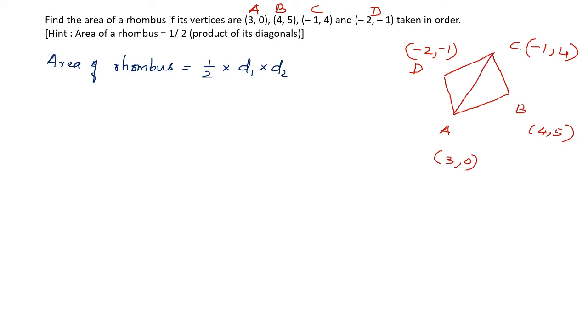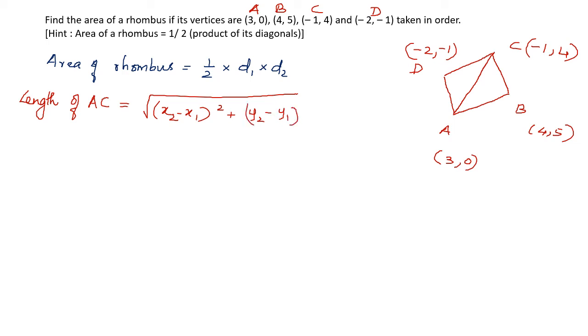AC is one diagonal. So length of AC. How will you find out length of AC? Distance formula. What is the distance formula? Root of (x2 - x1) whole square plus (y2 - y1) whole square. So in this we can see which one is bigger. We can take (3, 0) minus this, A minus C I am going to do. I told you any one point you can take as first, so I am going to take A first.